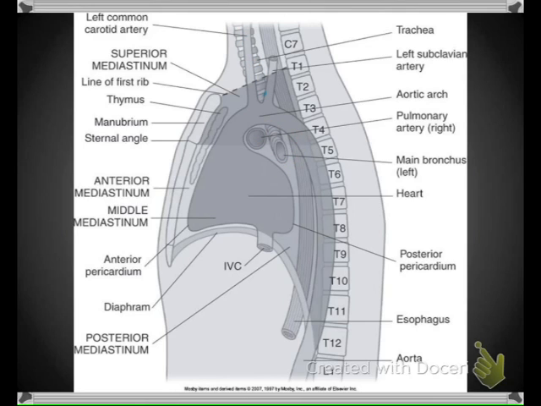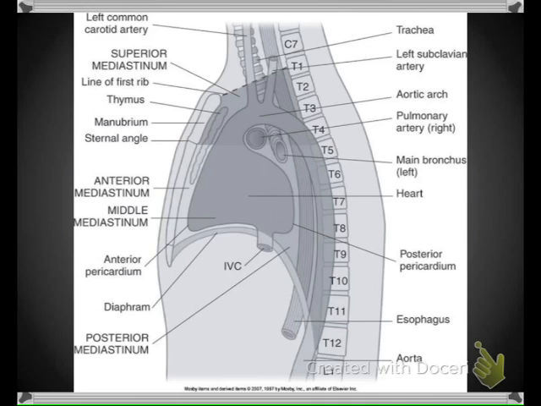Additionally, we do see that we have the thymus here, and we can look at the areas that it actually corresponds to. There appears to be a line running here at the sternal angle going back to T4, T5. So it's usually at this level that we can presume about the midpoint of the thymus gland.